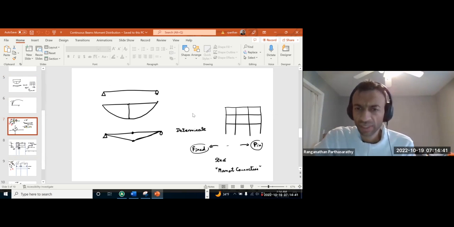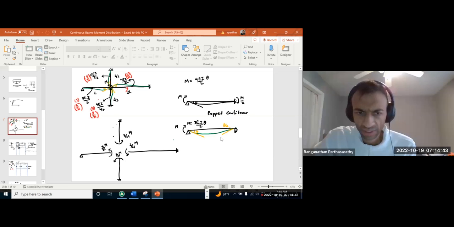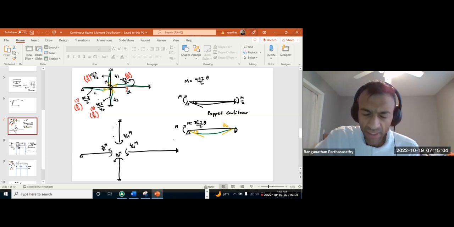Okay, so we said mainly we are using these two cases. I think these two are enough to solve most of the continuous beam problems. One is propped cantilever and one is simply supported. When we apply a concentrated moment at one end, the relationship between applied moment and angle of rotation at that end is M equals 4EI by L theta for the propped cantilever.